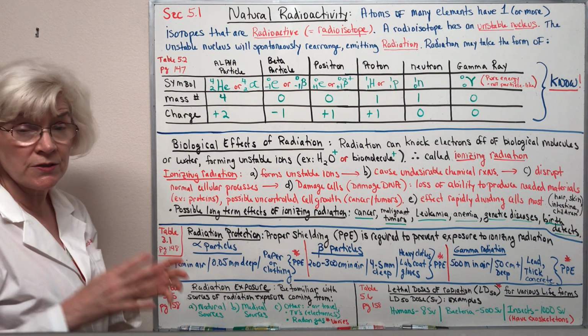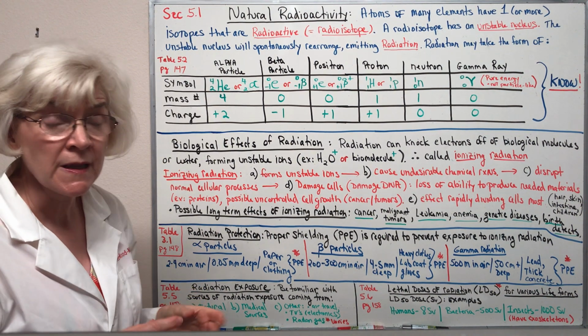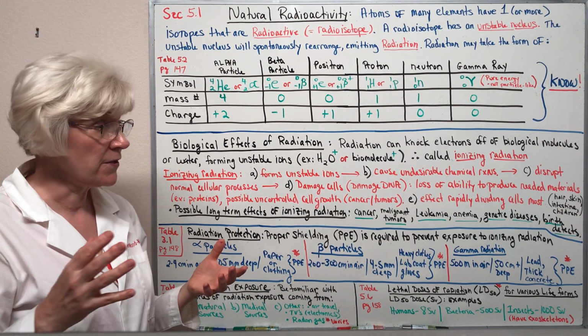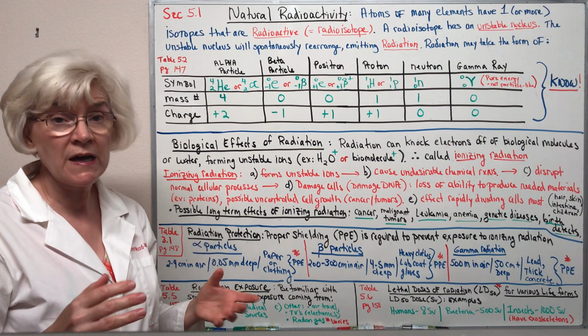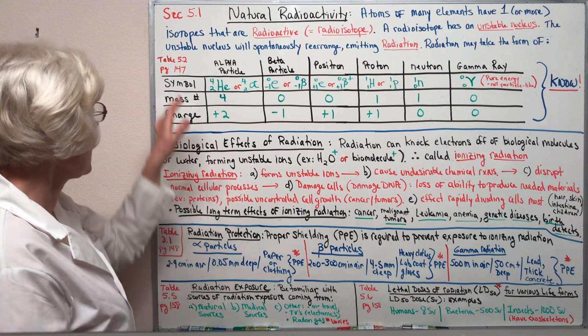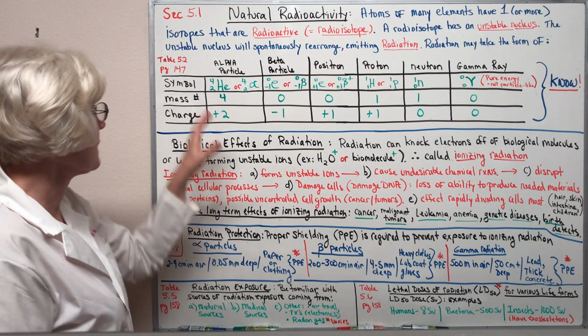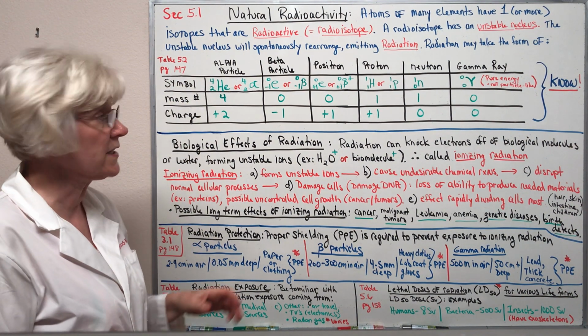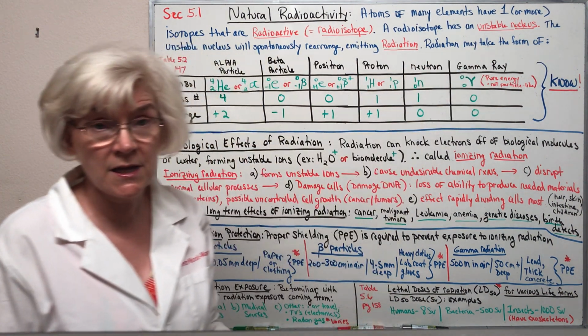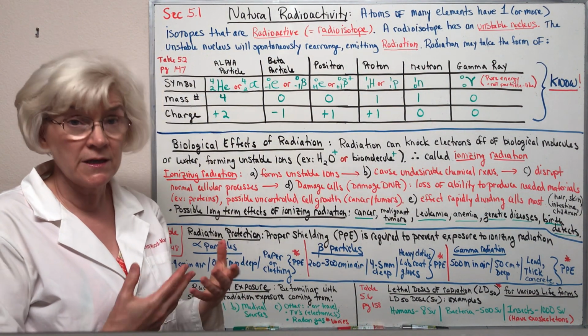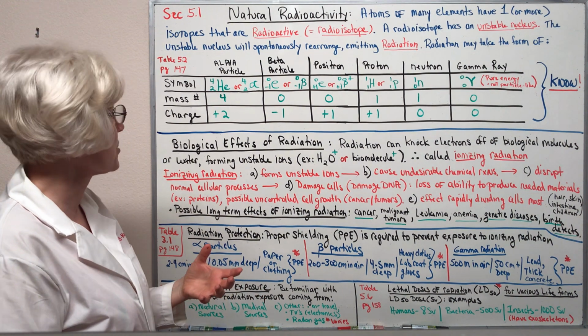Table 5.2, page 147. And I strongly urge you, if you have your book close by, to put this video on pause and go get your textbook and turn to page 147 and look at Table 5.2, which summarizes the various types of radiation that can be emitted in a nuclear change, a nuclear reaction.